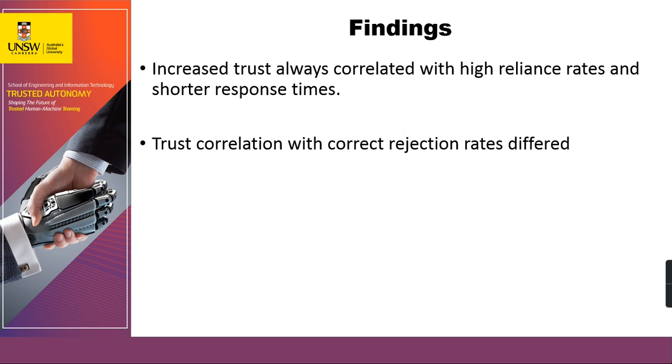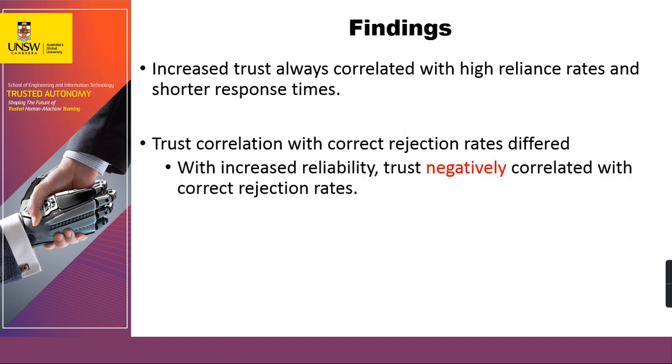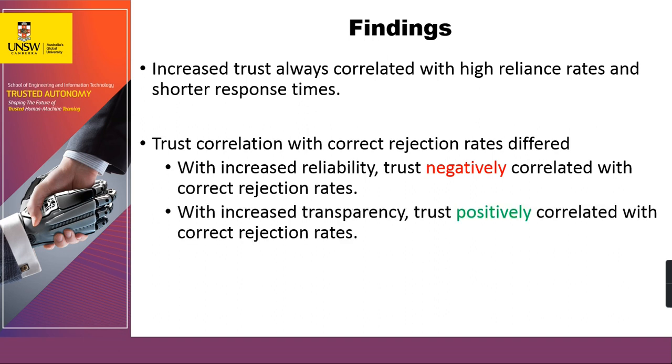Second, trust correlation with correct rejection rates differed based on how trust is formed. When trust was formed by increased swarm reliability, increased trust means less ability to reject incorrect recommendations.